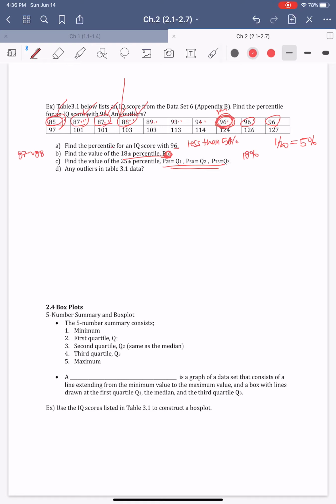I'm going to write this down on the left and then check to see if our prediction was correct. Same thing for P25, that's 25%: 5, 10, 15, 20, 25, so it should be around here.